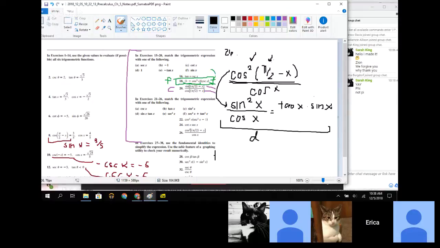If I take one of those sines out, I kind of skipped a step. So if I rewrite this as the sine of x times the sine of x divided by the cosine of x, one of these, sine of x over cosine of x, becomes the tangent of x times the sine of x.